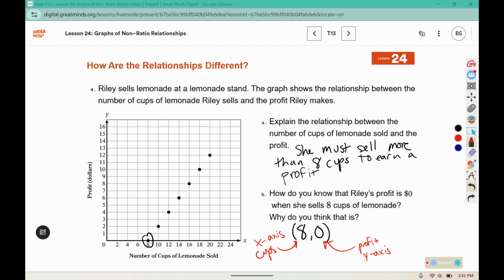Why do you think that is? Well, maybe she had some expenses where she had to purchase the supplies, and so she has to sell 8 cups before she is paid off her supplies.